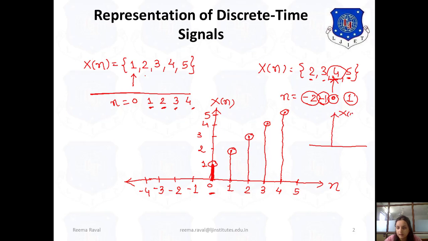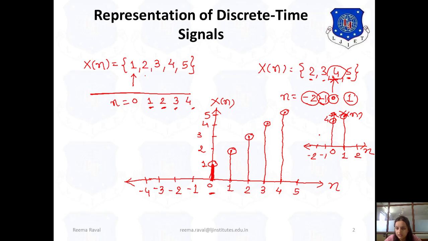x of n versus n. Here this indicates the 0 position. This is 1, 2. This is -1, -2, likewise. So at 0, its value is 4, so the signal will be like this. At position n equals 1, its value is 5, so I will plot the signal something like this, where its value will be 5.